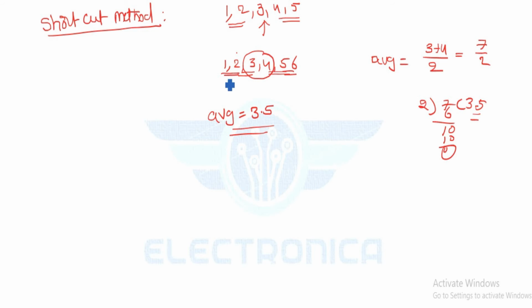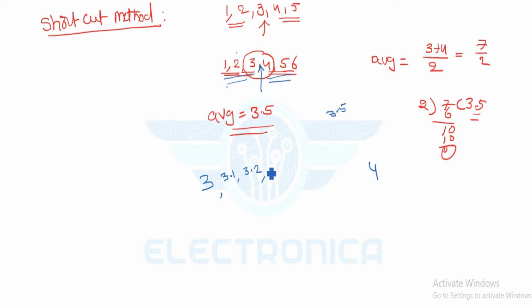Here 3 numbers this side, 3 numbers this side. There is something between 3 and 4. The middle number of 3 and 4 is equal to 3.5. Why 3.5? See, 3 and 4.